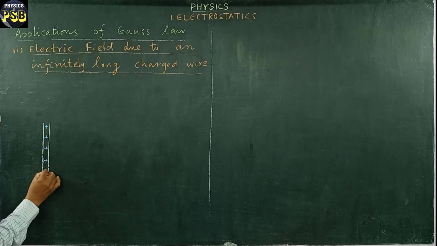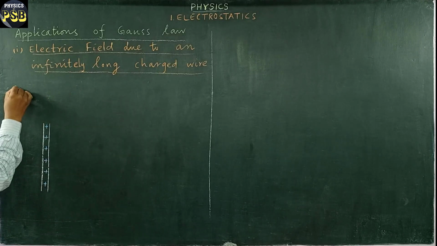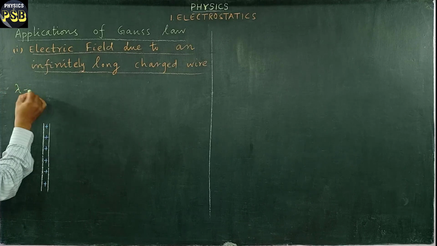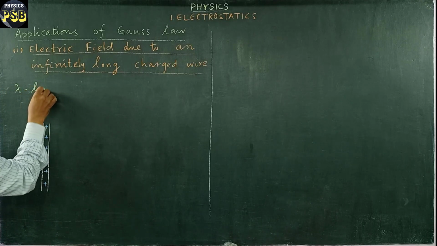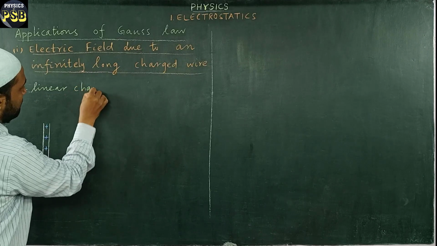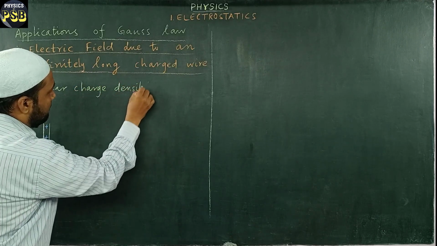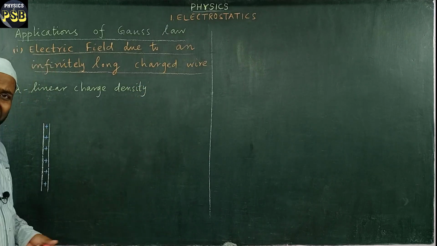Here, this wire is said to have uniform linear charge density represented by the letter lambda. Lambda stands for linear charge density. And what is this linear charge density?